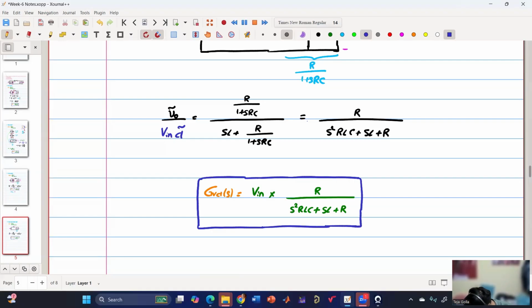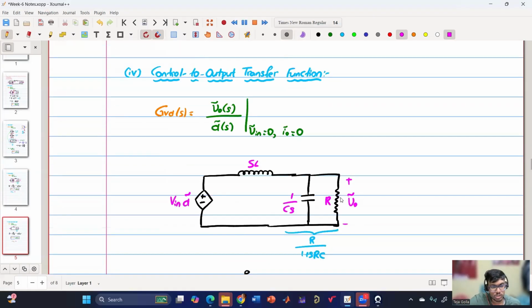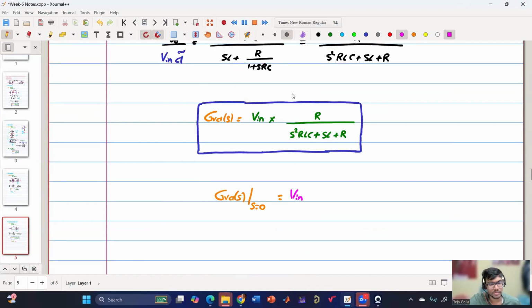So similarly, if you calculate Gvd of s at s equal to 0, which is DC, you will get V in, which means V naught by D is V in. Here also you are getting the same, which is V naught by V in equal to D. So both are basically the same. Is this clear until this point?